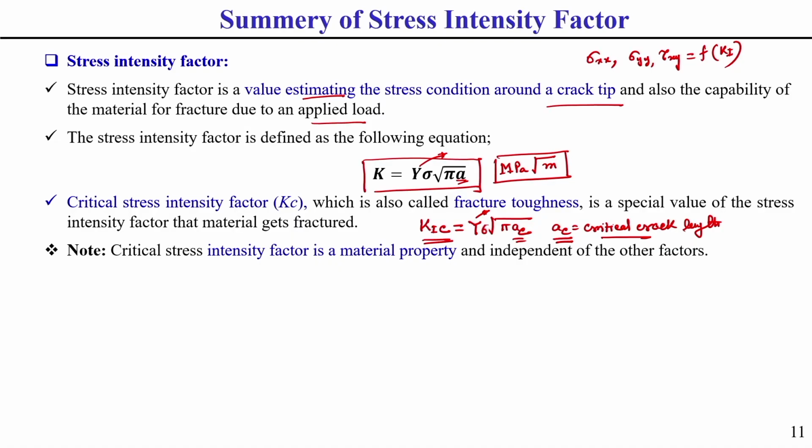And one thing you should keep in mind, this critical stress intensity factor is a material property, always keep it in mind. It is independent of other factors. It acts for a particular material, so generally the critical stress intensity factor is a material property. This you should keep in mind.